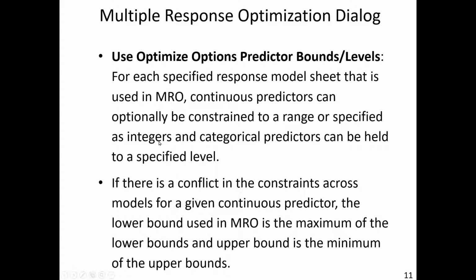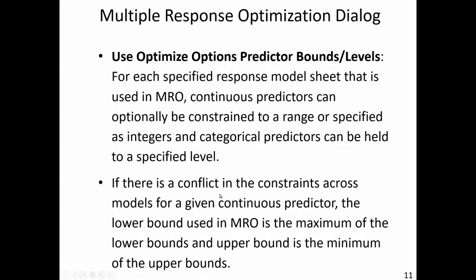If you have, let's say, integer values, like on the catapult, pin 2, pin 3, pin 4, you can then specify integers. Or you may have categorical predictors, customer type 1, customer type 2, customer type 3. You can specify if you want to consider all categorical levels, or if you want to only consider a specific level, then you can hold to a specific level.